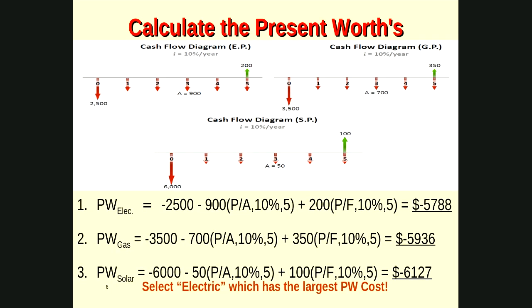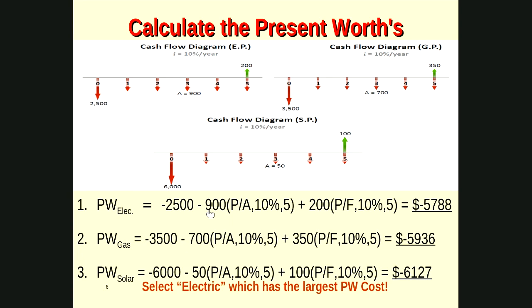So let's check our solutions. The 2,500, no need for converting. The 900 is multiplied with the P given A, 10% for 5 years, plus, pay attention to the signs, okay? If it is an outflow, you have to put the sign minus. If it is an inflow, you have to put a plus.